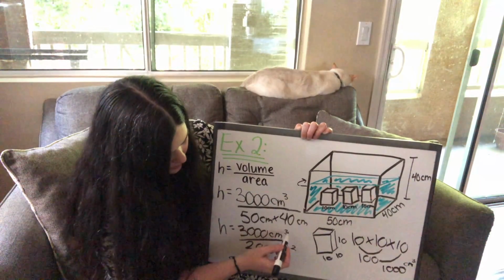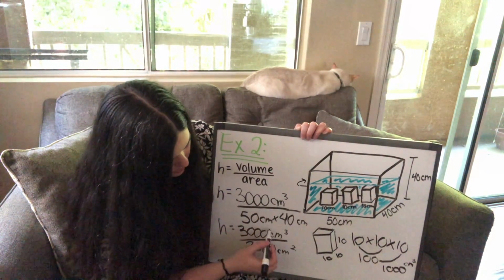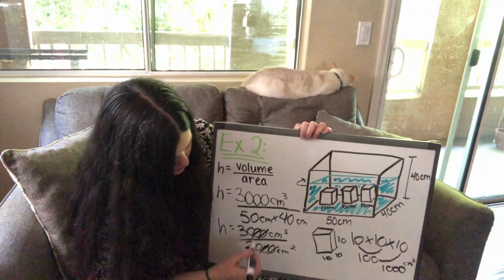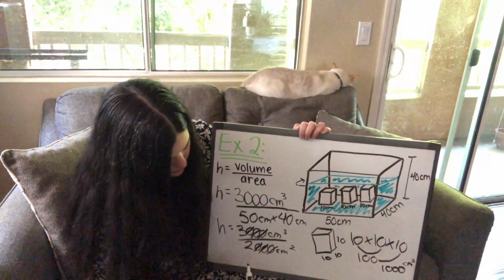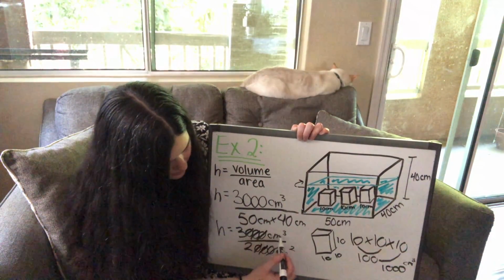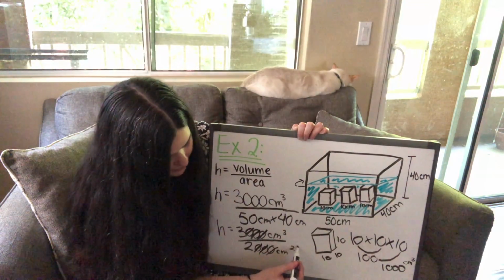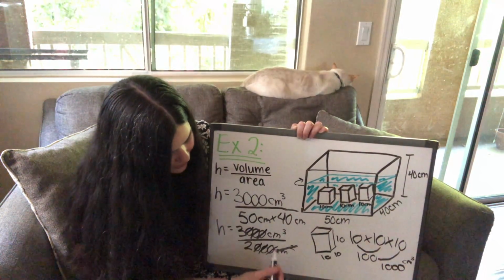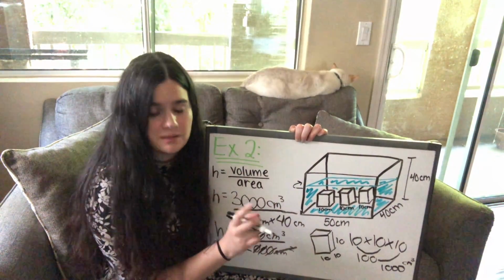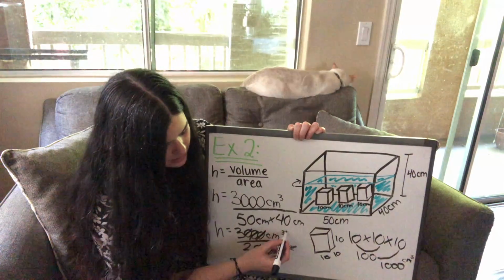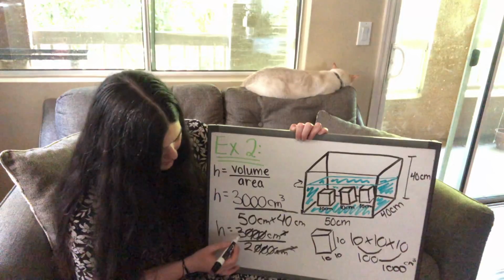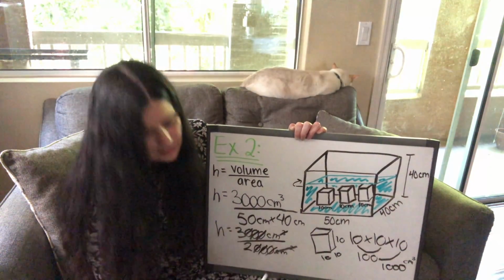We can cancel out 1, 2, 3 zeros, and if we have centimeters squared and centimeters cubed, we can actually cancel out our squared and our cubed, but our cubed has 1 more centimeters than our squared did, so we're just gonna cancel out our cubed, and that leaves us with just centimeters. So we have 3 over 2 centimeters.